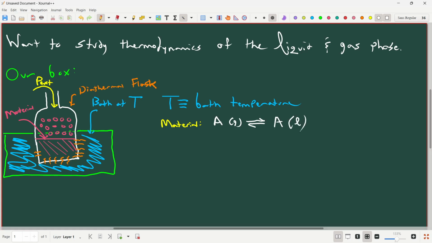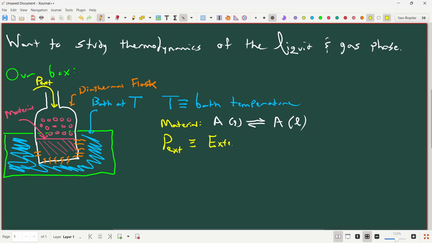So it's a gas and a liquid. Maybe it's got solid, we'll worry about that later. And P external is the external pressure, let's say, of the atmosphere. Constant pressure, e.g. the atmosphere.